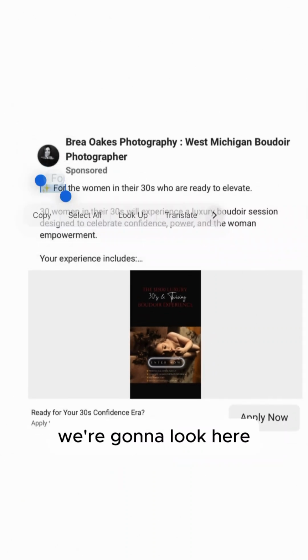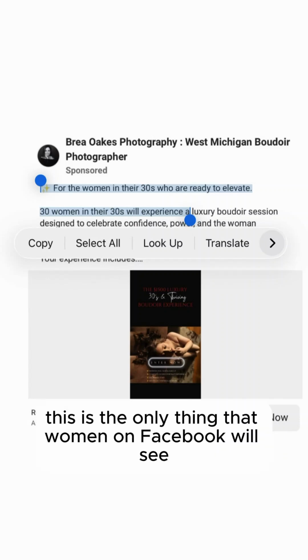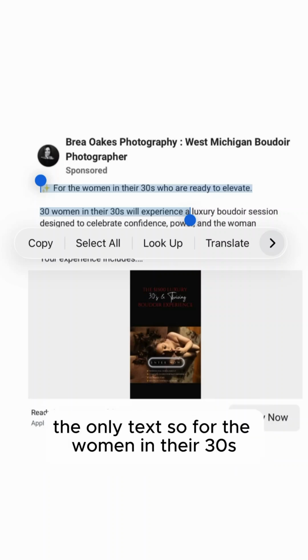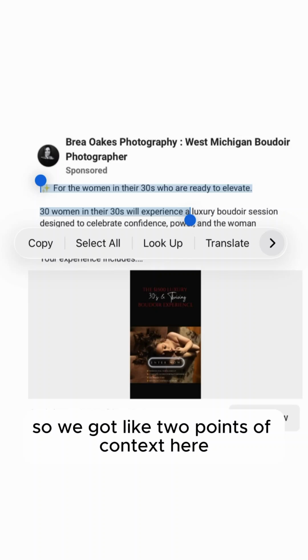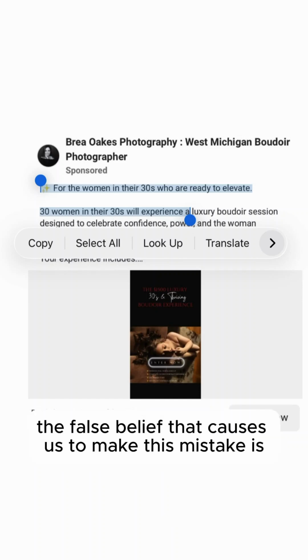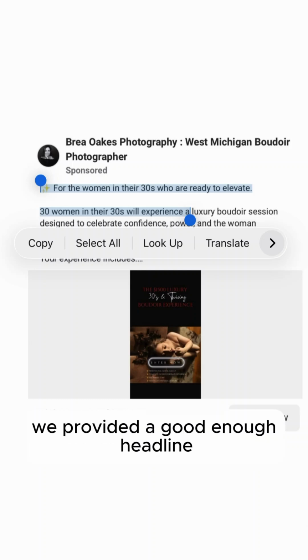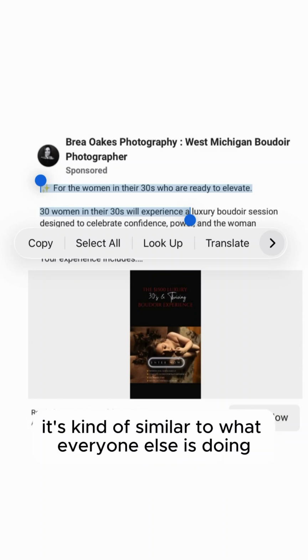Finally, we're going to look here. The See more headline, the first 2 3/4 lines in the Facebook mobile newsfeed before it's cut off by a See more. This is the only thing that women on Facebook will see, the only text. So for the women in their 30s who are ready to elevate, 30 women in their 30s will experience A. All right, so we've got 2 points of context here. Yeah, this is the lack of context mistake. The false belief that causes us to make this mistake is we believe we've provided a good enough headline to get good enough results, and it's similar to what everyone else is doing.